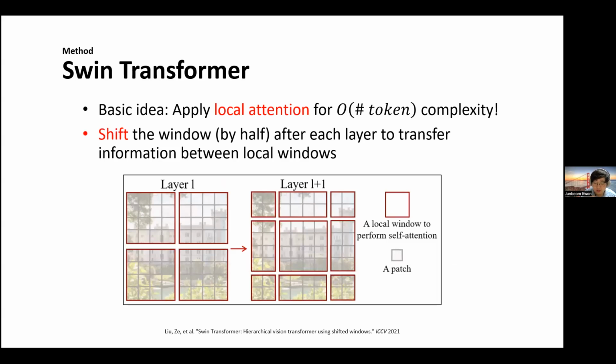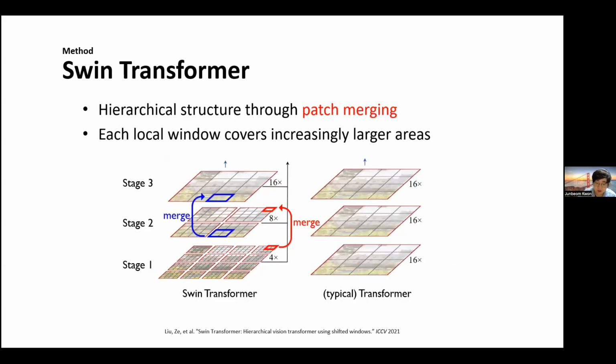Our model Swift is based on Swin transformers, which reduce the computational complexity of transformers by applying local window attention. These local windows are shifted after each layer to allow communication between distant tokens. In this context, a token may be a specific region of the brain. Swin transformers also attain a hierarchical structure by merging neighboring patches into a bigger patch, similar to how CNNs have a hierarchical structure through pooling layers.